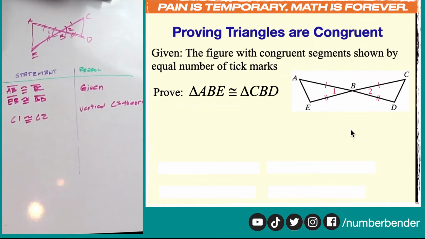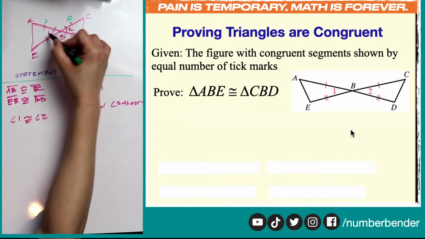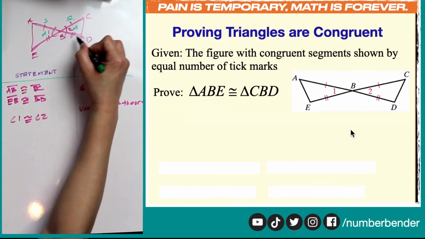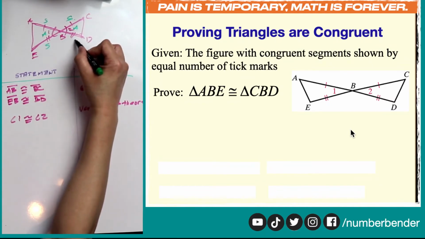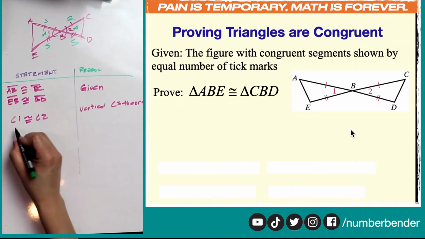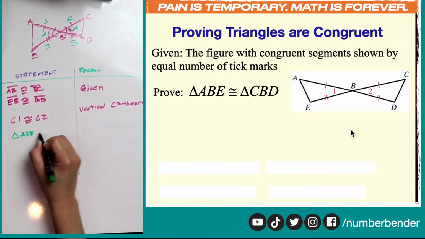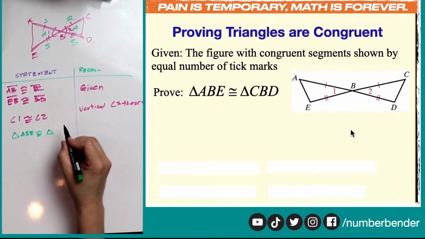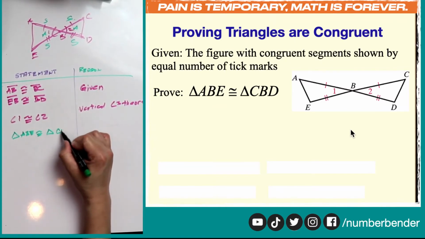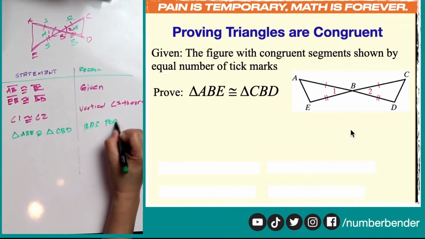And from here, we can now state that we have side, angle, side, and this side to be corresponding and congruent. So now we can say that triangle ABE is congruent to triangle CBD because of the SAS postulate.